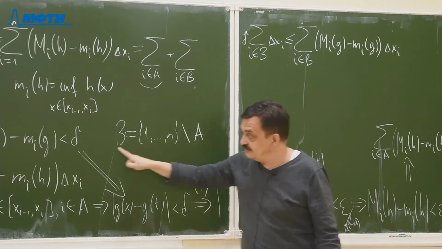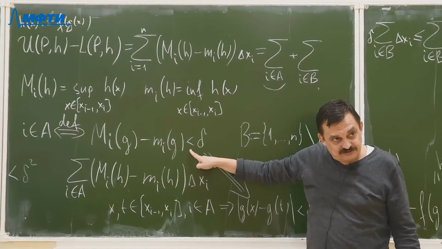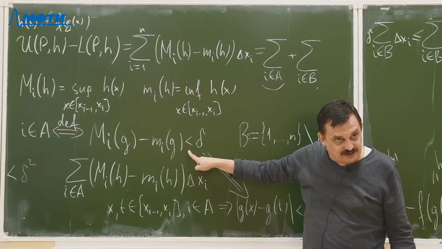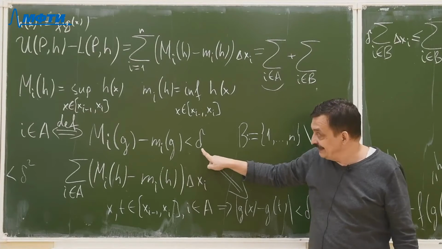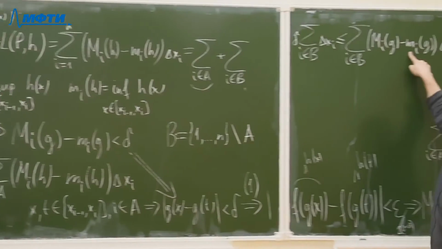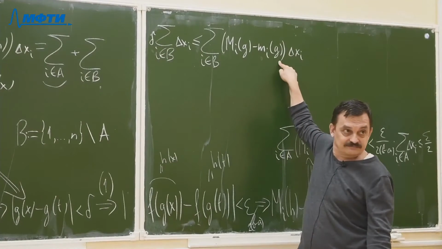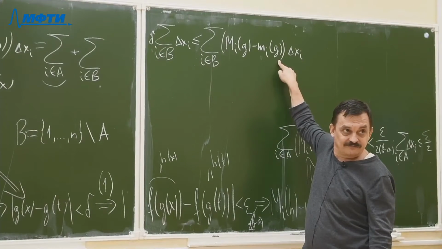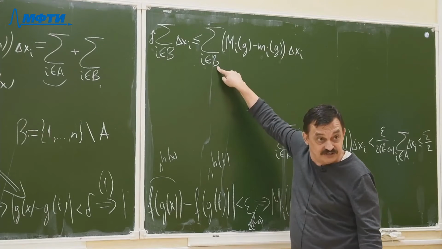So it means this inequality is not true here, so the opposite inequality is valid. And what is the opposite inequality? Delta is less or equal to M_i of g minus m_i of g. That is precisely what is written here, and it is true just for indices from the set B, capital B.